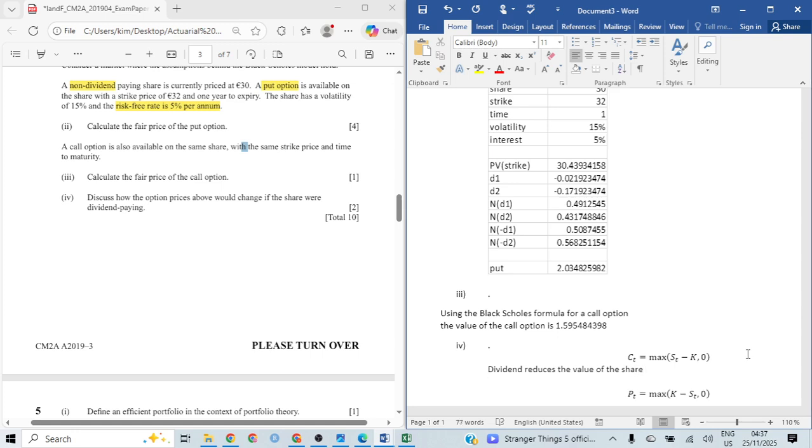So what implication does this have? This would mean a lower call option value. Since again, if you are the holder of a call option, you do not receive this dividend.